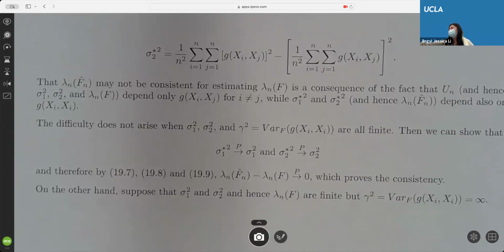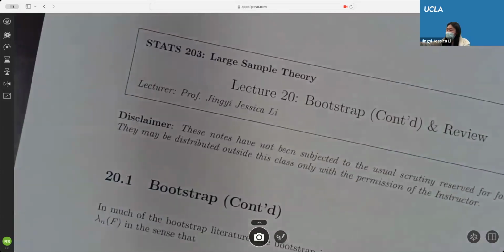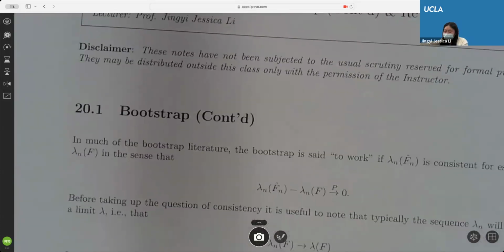But essentially you cannot do anything about it, because the original data sampling procedure from F to get X1 to Xm is itself sampling with replacement. It's just that if F is continuous, then you wouldn't have identical values. But now you're using a discrete sample to represent a continuous F, so that kind of discrepancy is always there. Okay, so let's continue here.